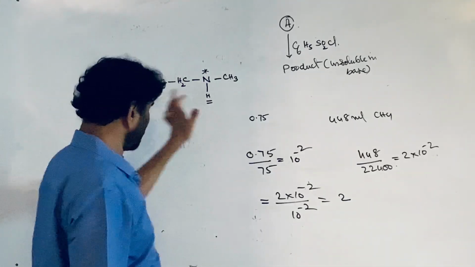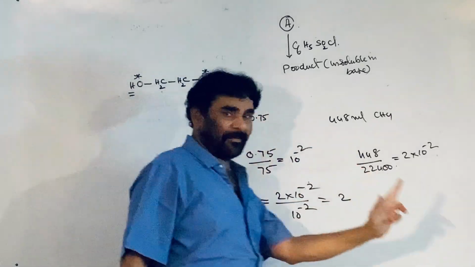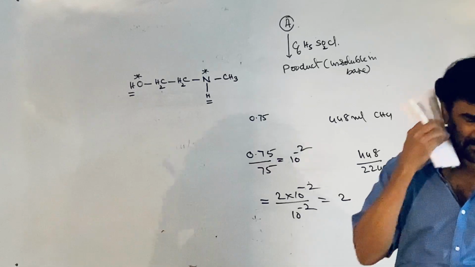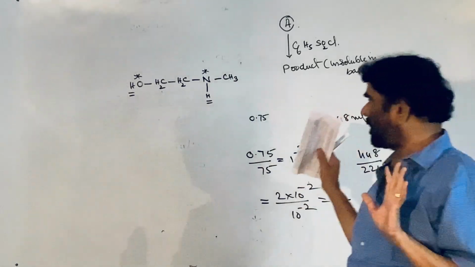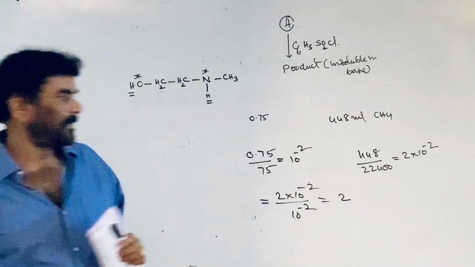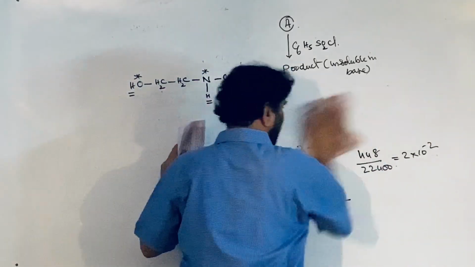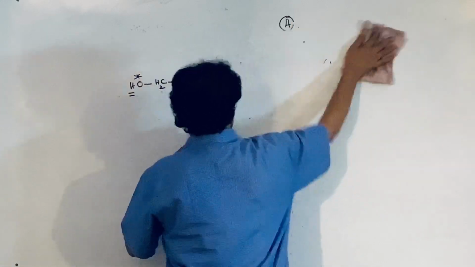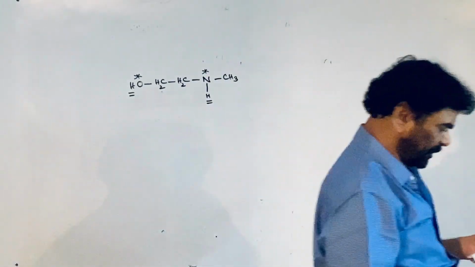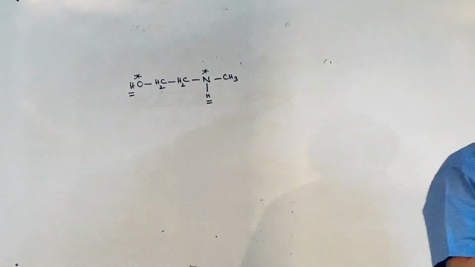Why not put it on the CH3? Many structures are possible. The compound is an organic compound with a secondary amine functional group and an alcohol functional group. You can write any structure.